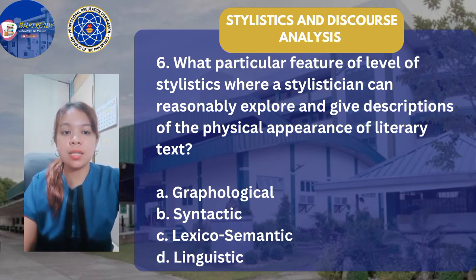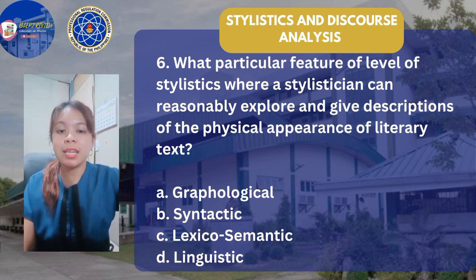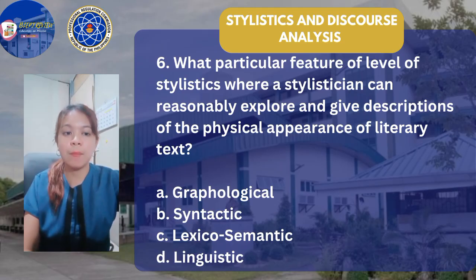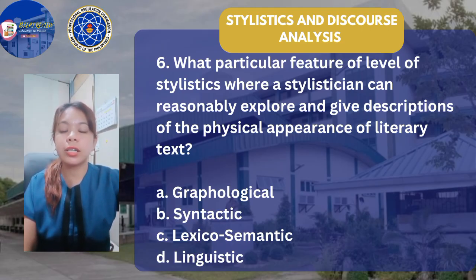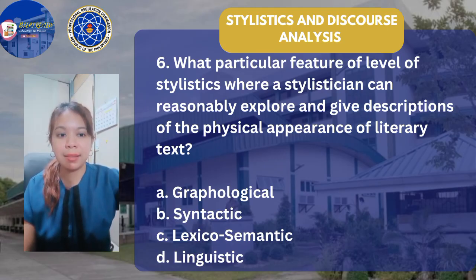Now, let us proceed to discussing the incorrect answers. The first one is the syntactic. What is syntactic? This level deals with sentence structure and grammar, such as word order and clause types, not the visual form. So basically, this is not the correct answer. Another one is the lexicosemantic.